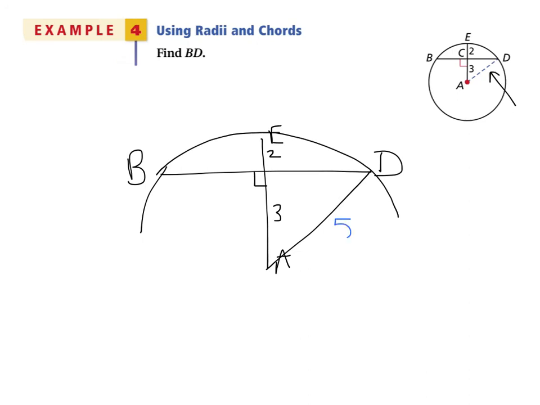Well, we know AD is 5 because this and this are both the radii of the circle. So this is 3. So the length of CD here has to be 4 because of the Pythagorean theorem. It's a 3, 4, 5 Pythagorean triple, which means this is also 4. And if I asked you to tell me the reason why, you would tell me that since you know this is perpendicular, you know this is bisected, so they're both 4. So the length of BD would be 8.